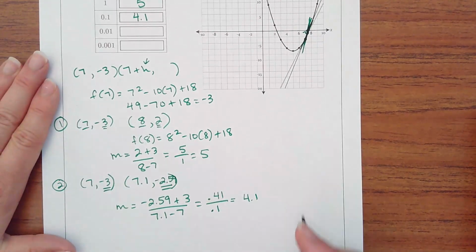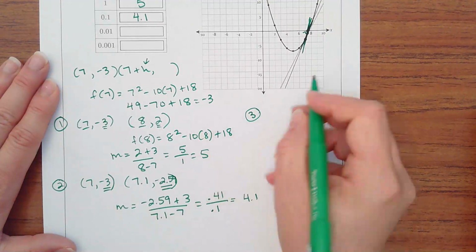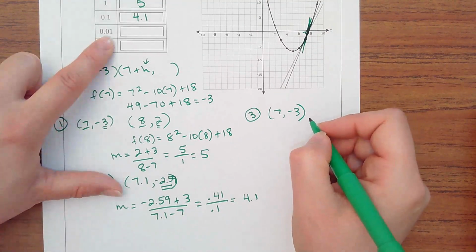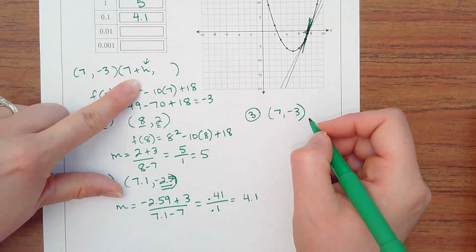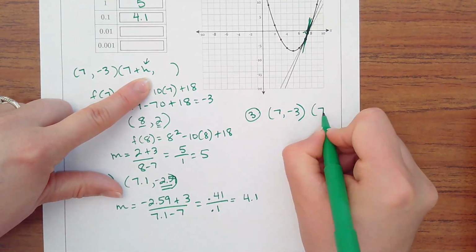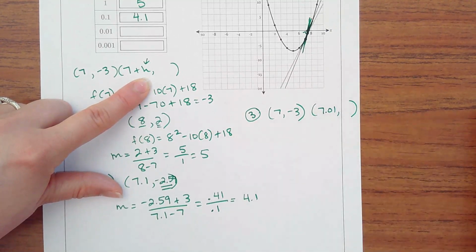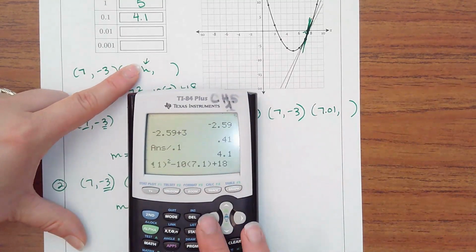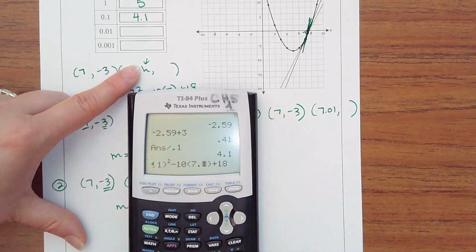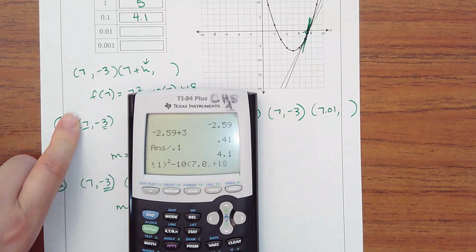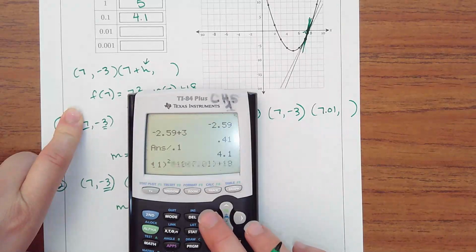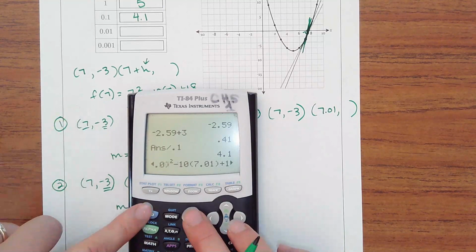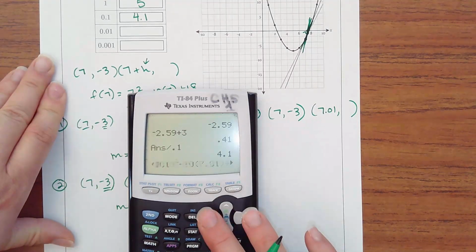But anyways, now let's do our third interval. We know we're going from our first point, 7, -3. Now my h value is 0.01. So 7 plus 0.01 is 7.01. Plug that in. So again, I'm going to go back up to my calculator and steal this formula, and put in 7.01.